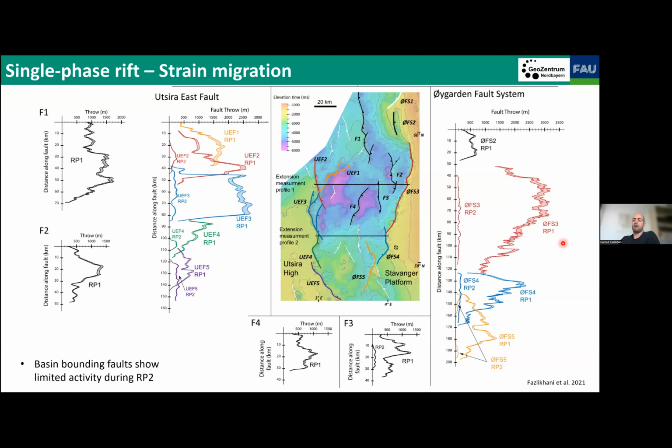The entire fault in general shows a progressive southward decrease in the amount of throw, but each individual fault segment also shows variations in between.